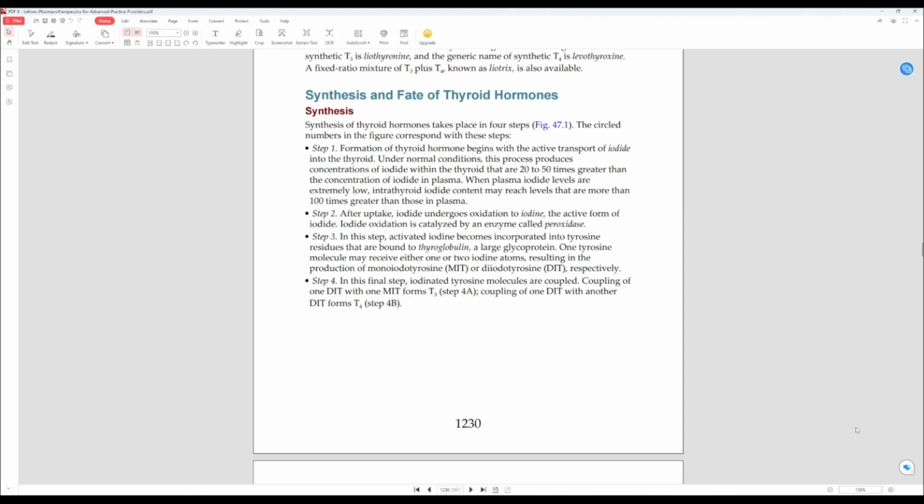Step 3. In this step, activated iodide becomes incorporated into tyrosine residues that are bound to thyroglobulin, a large glycoprotein. One tyrosine molecule may receive either 1 or 2 iodide atoms, resulting in the production of monoiodotyrosine, or MIT, or diiodotyrosine, or DIT, respectively.